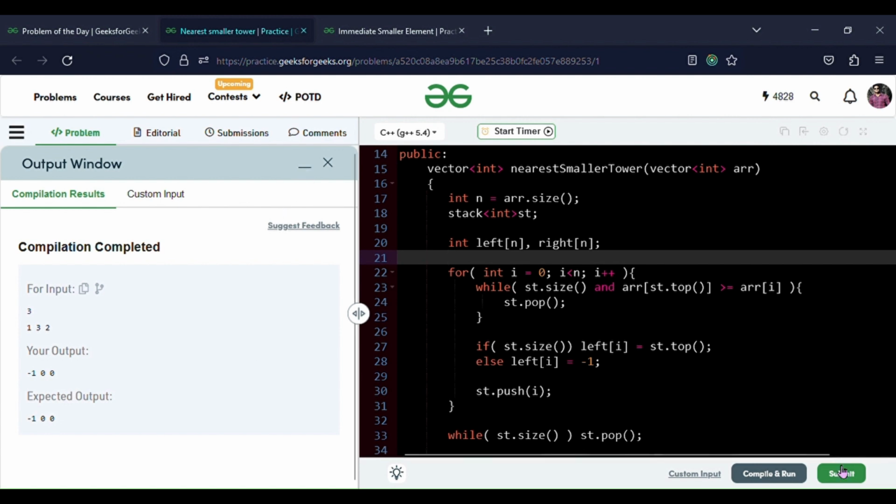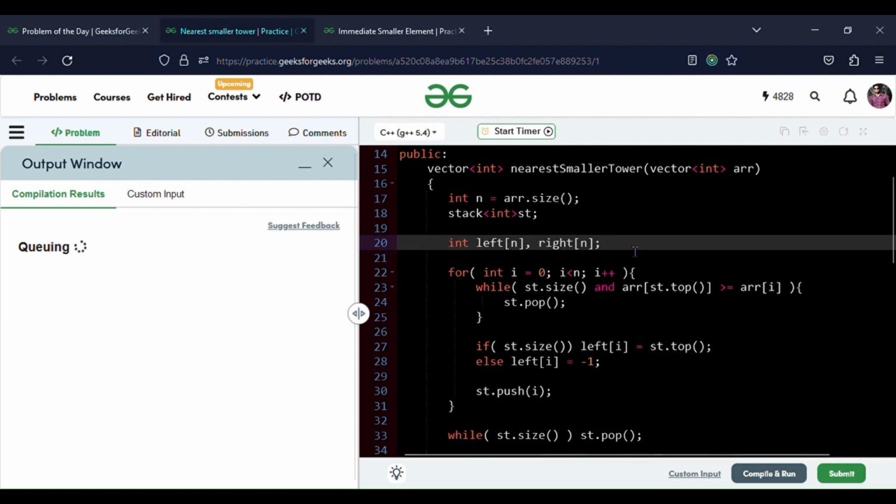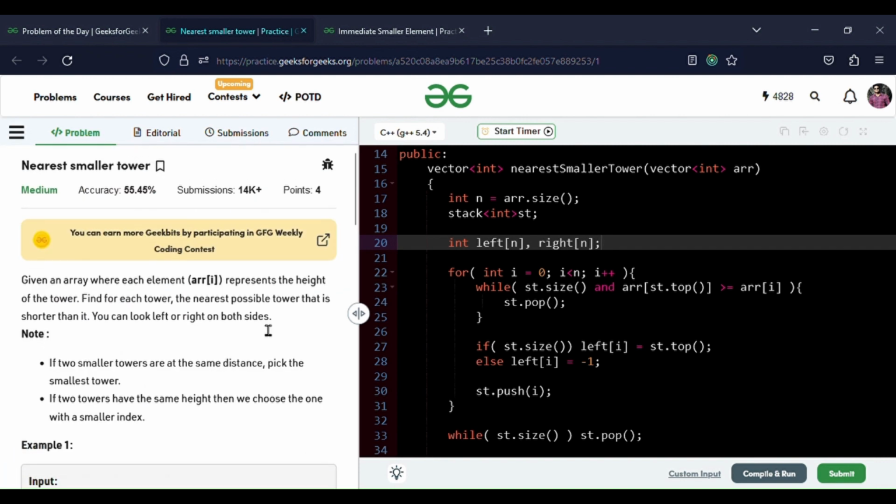So let us submit it. So this is the solution in C++. Let us move to the Java code.